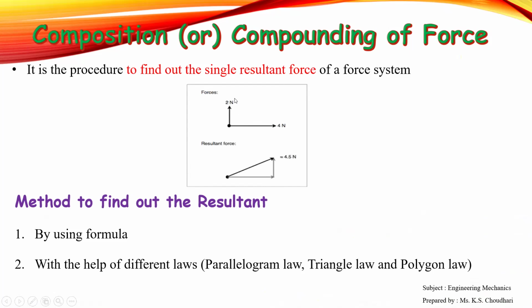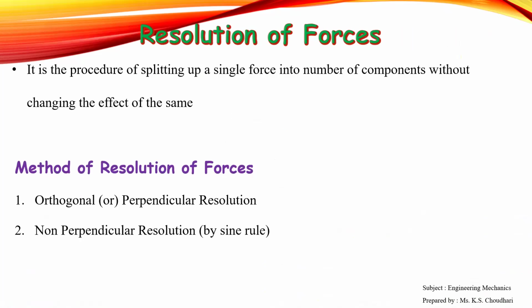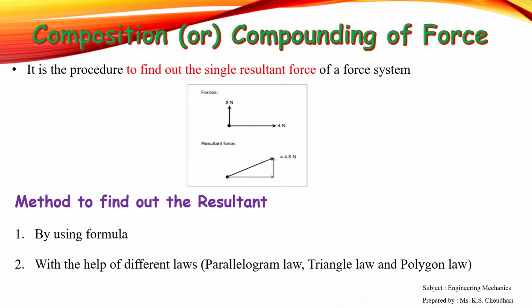Number one is 2 Newton and number two is 4 Newton. Now we find the resultant of these forces, that is 4.5 Newton. This procedure to find out a single force is nothing but the composition or compounding of force.